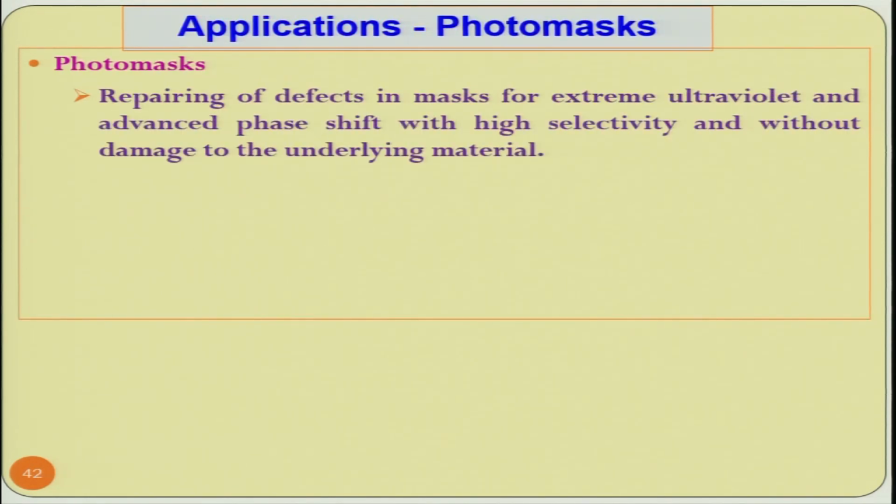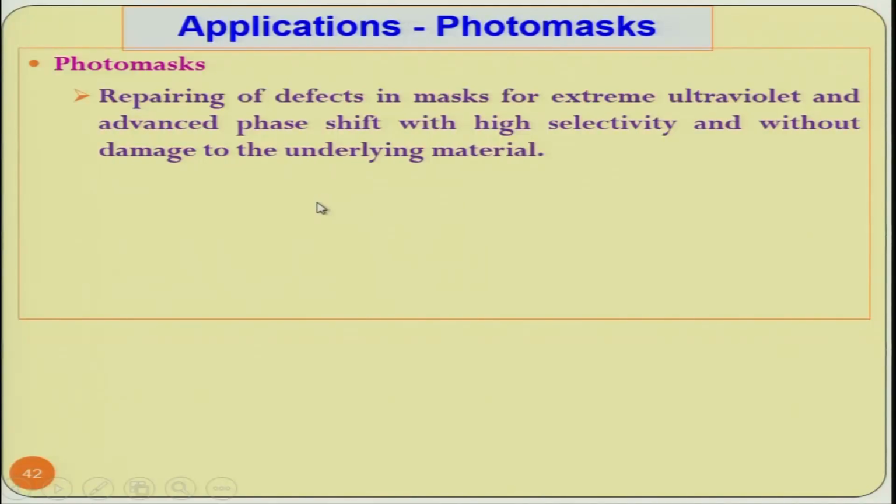Now, for making the photomask also this particular process has been used. As you can see here, repairing of defects in mask: certain mask has been prepared, and if you want to repair it, correct it, or something has gone wrong, you can use this particular process for repairing those masks. I have already discussed the application of mask when I was discussing abrasive jet micromachining.